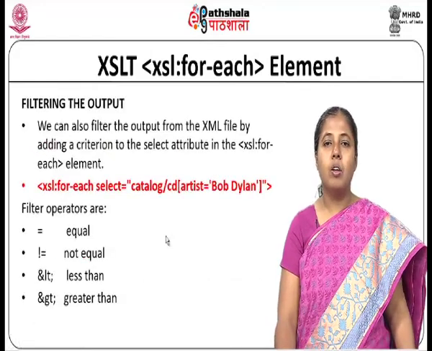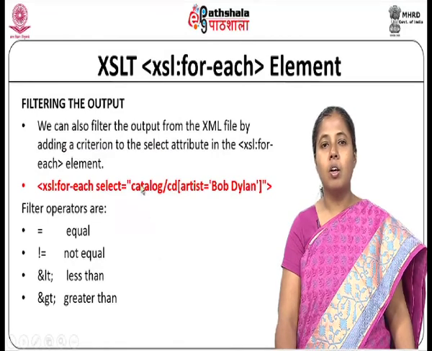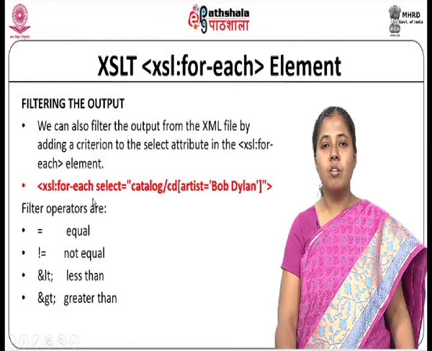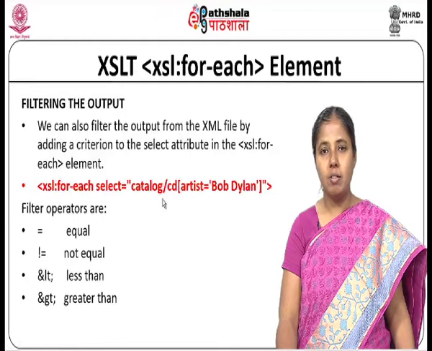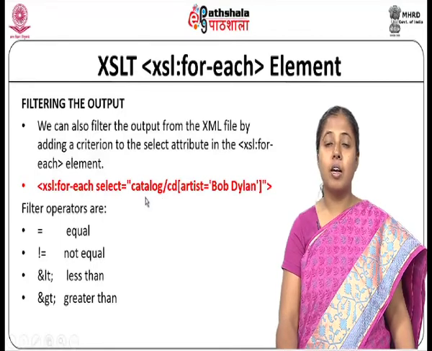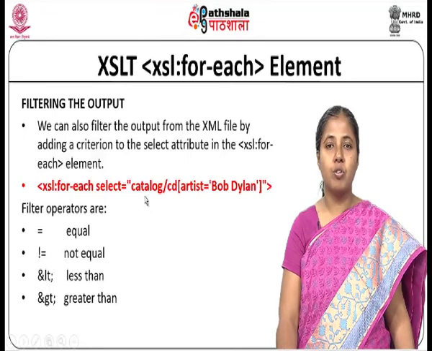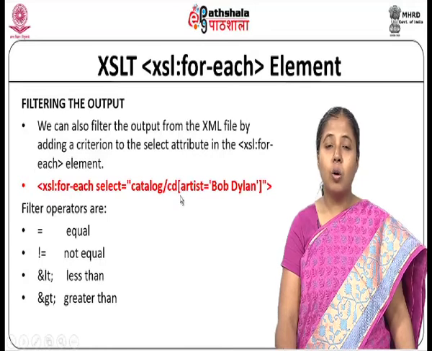And then we can also filter the output with this for-each. You can see the code here, for-each select. In XPath we have studied predicates, and the same concept is used here. The select attribute takes a path expression like catalog/CD. You said that you select only the CD where the artist name is Bob Dylan.